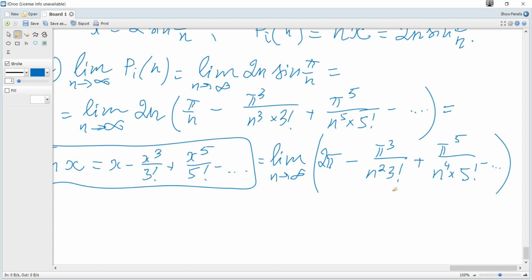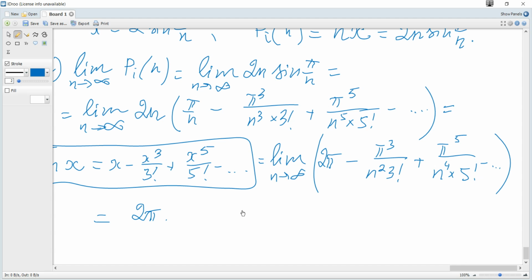And we can see that there is 2 pi, and there are powers of n in the denominator, but when n tends to infinity, it means that n is very large, and if we divide by a very large value, it actually tends to 0, so the limit is 0, and there is only 2 pi, and all other terms are equal to 0, so it's just 2 pi.